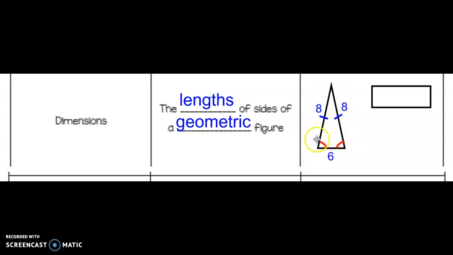Because these side lengths are the same, we also know that these angle measures here are the same. Over here we have a rectangle. If this is 2, they can show me that this is in fact a rectangle by showing me the other dimension here is also 2 with the dash, and a length of 4 here. Those are dimensions.